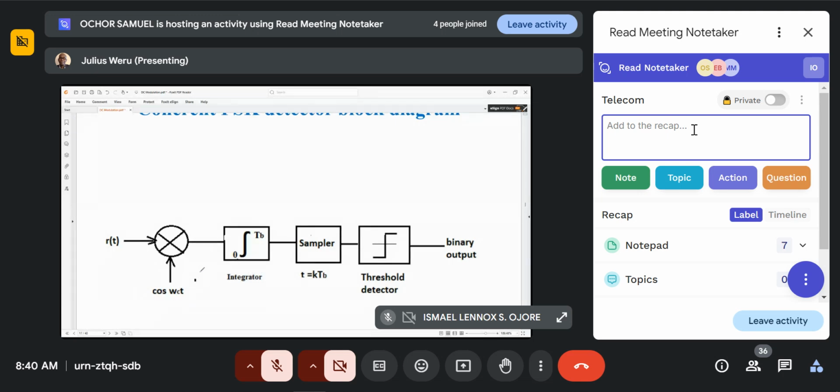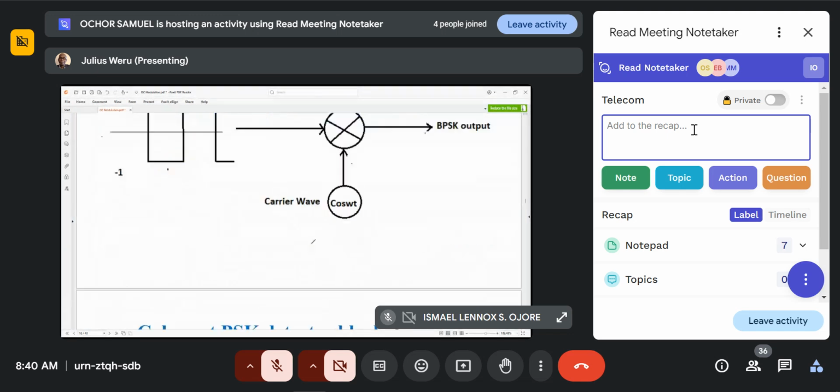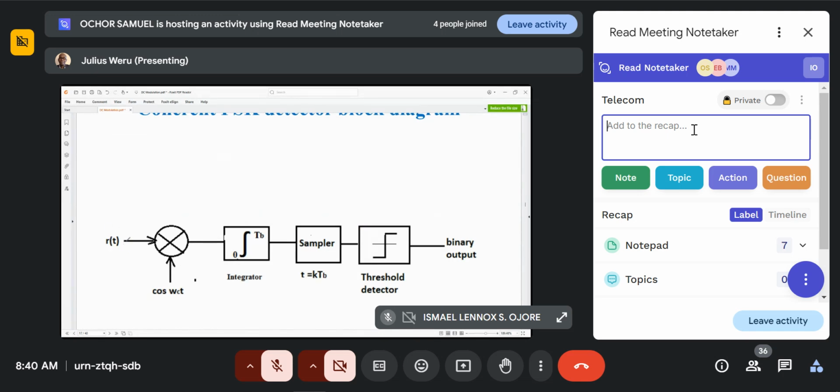And what we are doing is, when this is a cosine, we integrate over a period, and it is only when this corresponds to cos ωct. Whatever the signal is, it will be carrying the message, but it will still have the cos ωct.